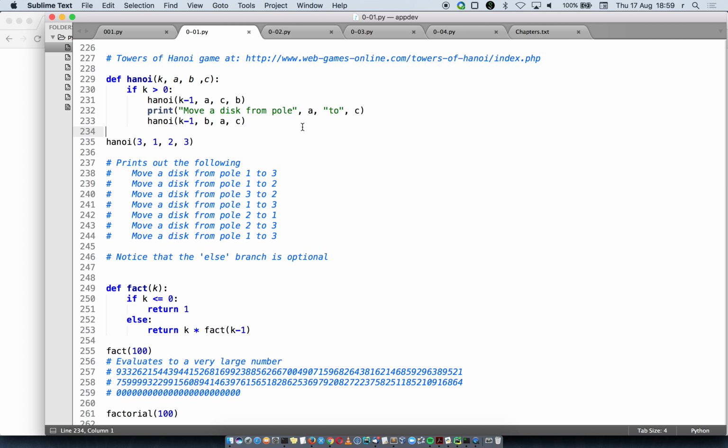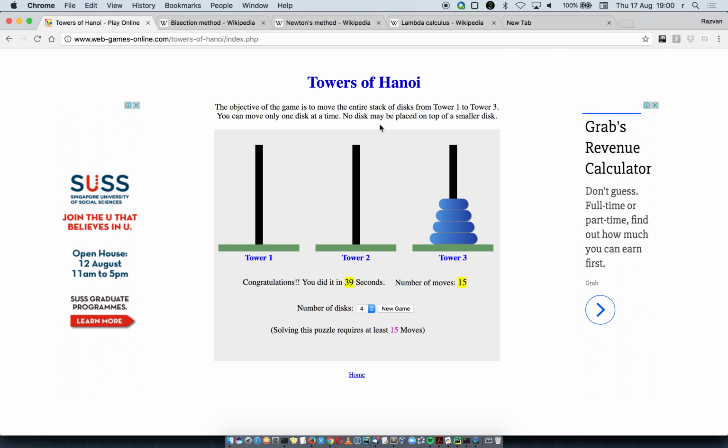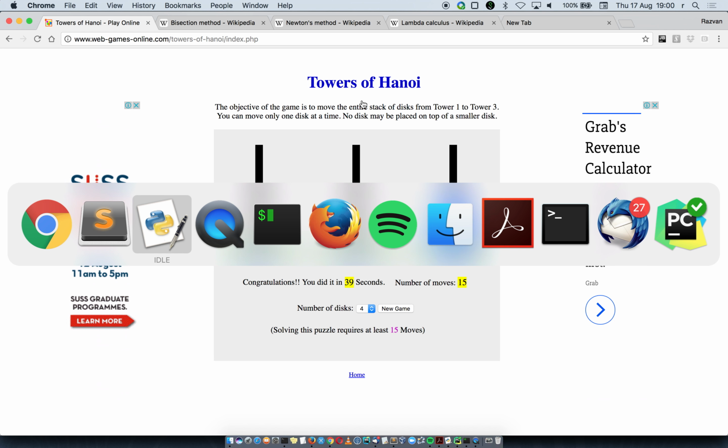So let's see this one working. You have the link to the game here, so you can go home and play with it.